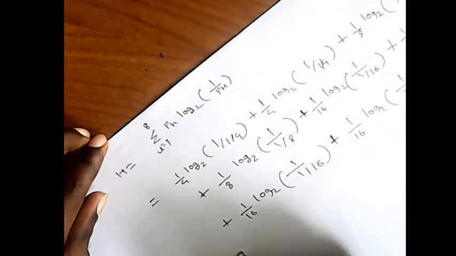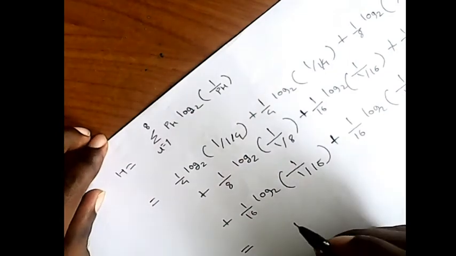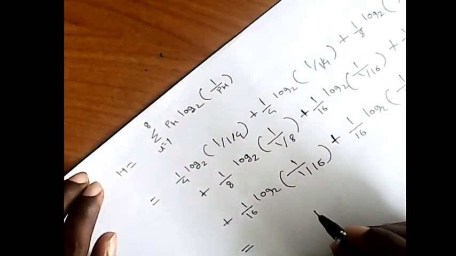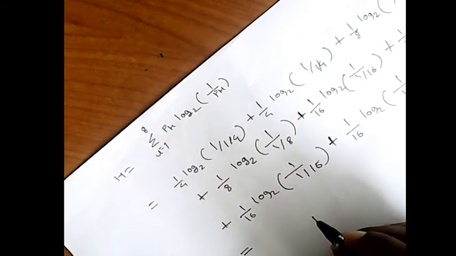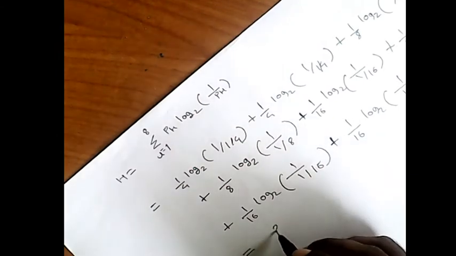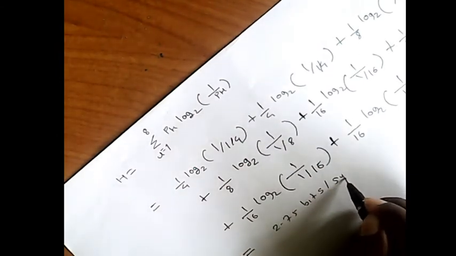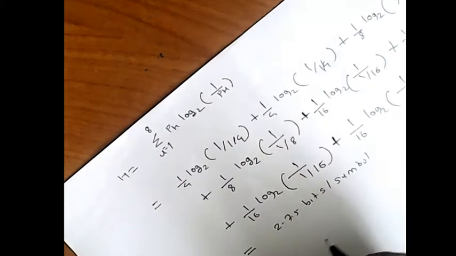In this way we can calculate all these terms. We get the final value, which is 2.75 bits per symbol average information.